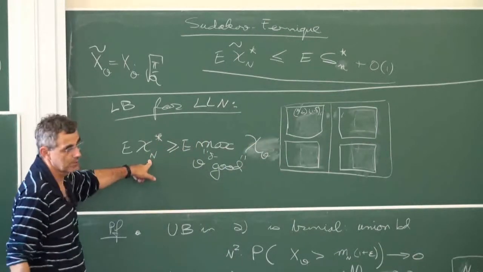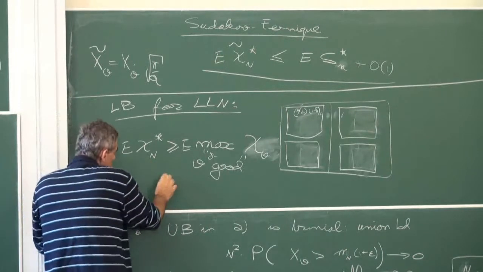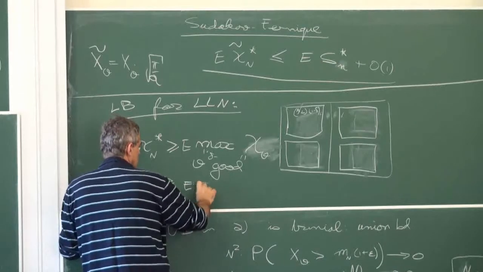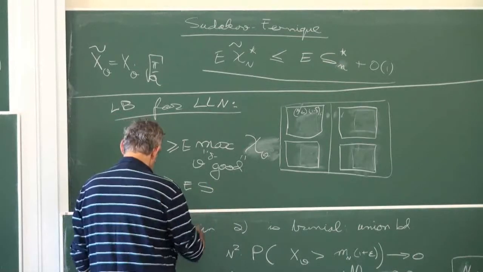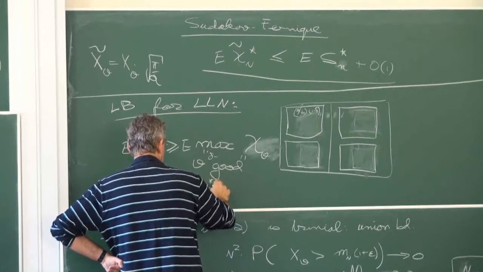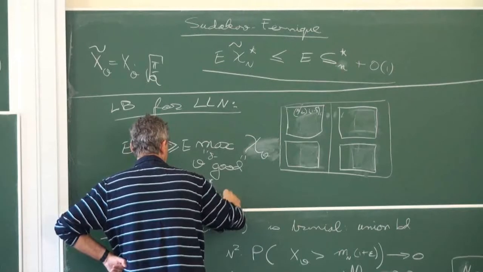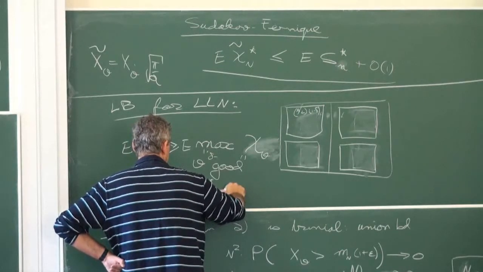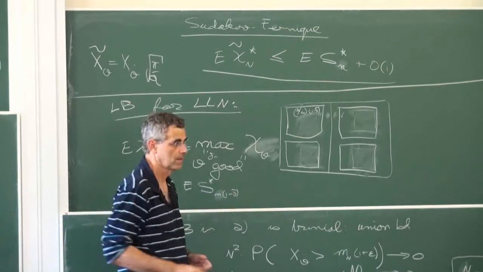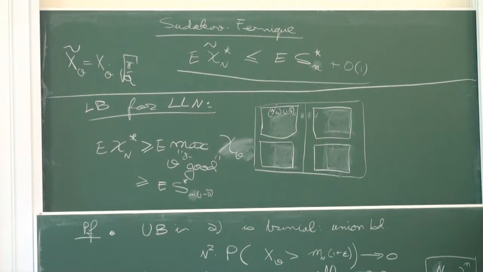So that's the first step. You take only some of the indices, not all of them. And then you compare to the tree, and you get that this is greater than or equal to S star_n times 1 minus delta. You have less generations to do. You have less points, less generations.